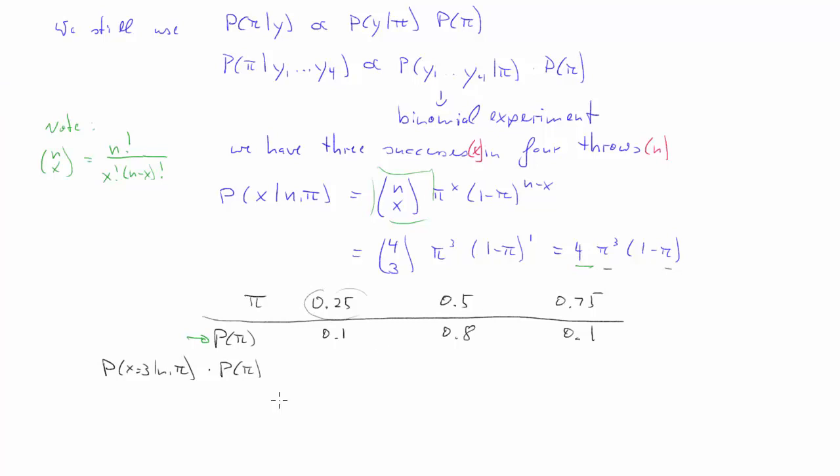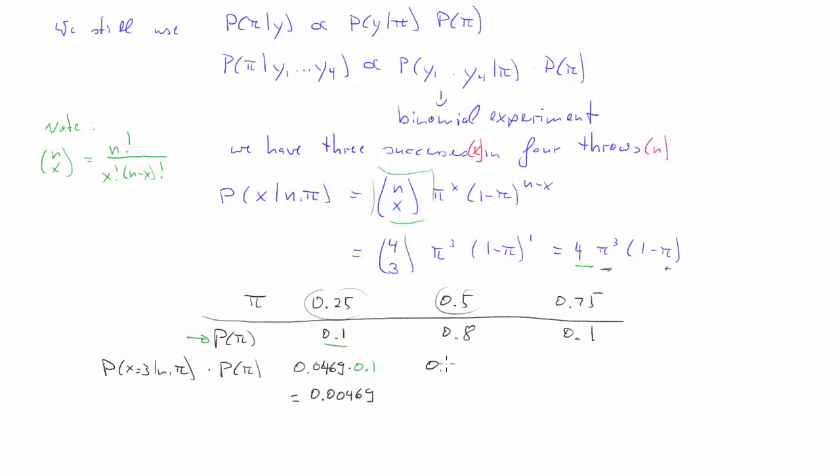So now if pi is 0.25, we plug that into that formula, then we get 4 times 0.25 to the 3 times 0.75, and that is 0.0469. Then multiplied with the prior of 0.1 for pi equals 0.25, we get that value, 0.00469.